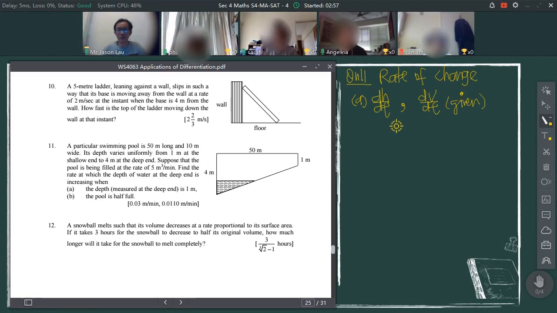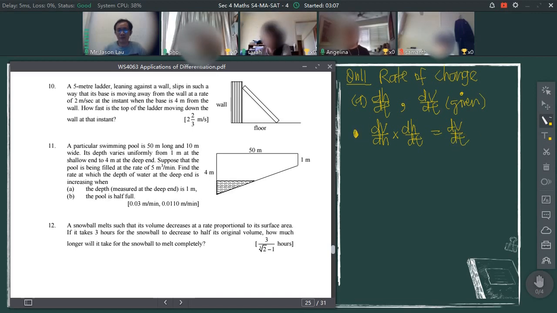So the chain rule to form will be just dV/dh times dh/dt equal to dV/dt. So this is your basic chain rule starting equation. Then after that, you already know that this quantity is 5 meter cube per minute.